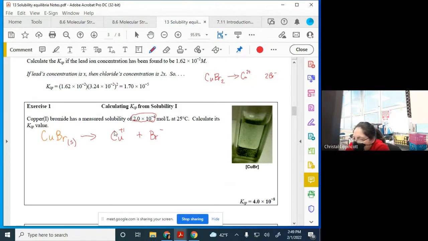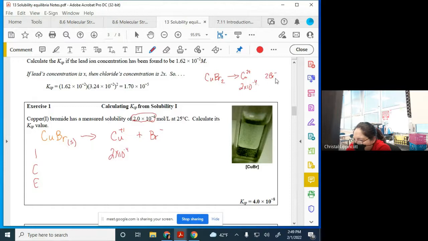Well, you will whenever you're calculating the KSP, but I'm talking about for the values that you're going to put in your ICE table. Okay. So this is your solubility. So that's going to be how much is going to come out when it's in for each thing here. Okay. So if this happened to be the molar solubility for this guy, it would be 2 times 10 to the minus 4.